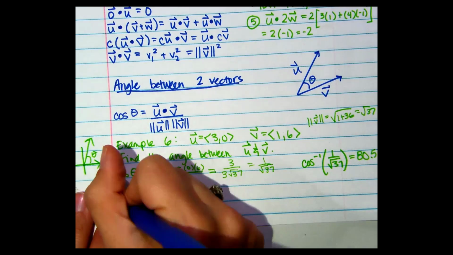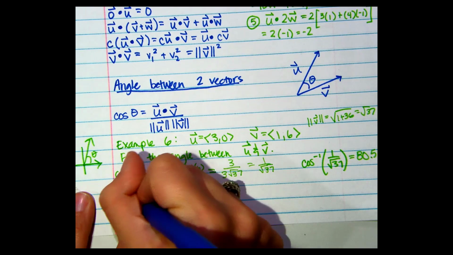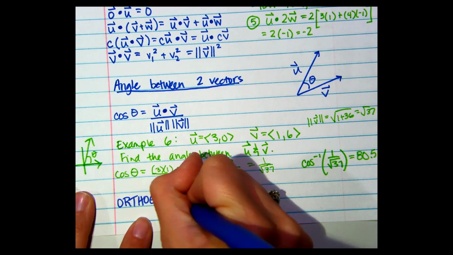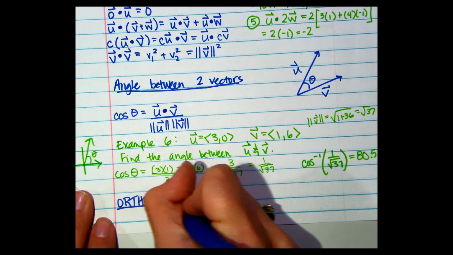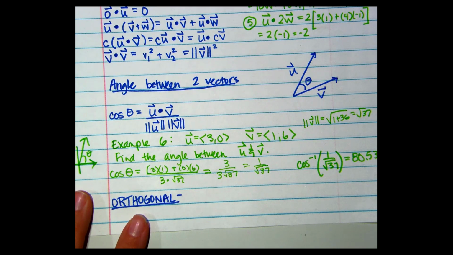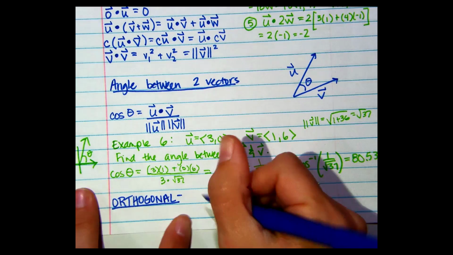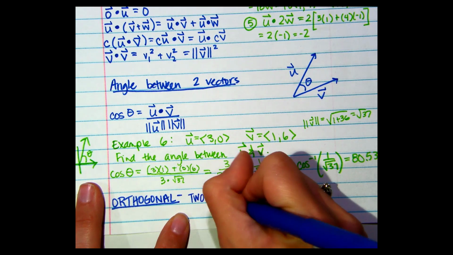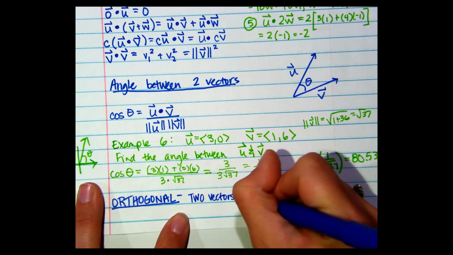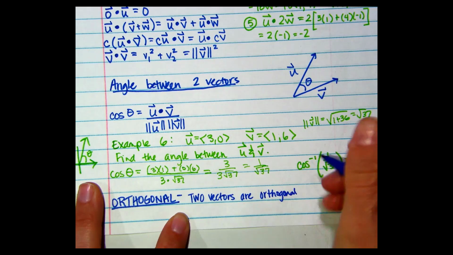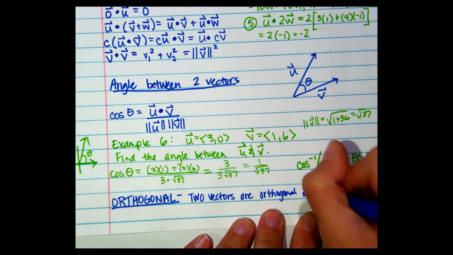Okay, one new vocabulary word, and we are done. Orthogonal. Two vectors are orthogonal if they meet at 90 degrees.